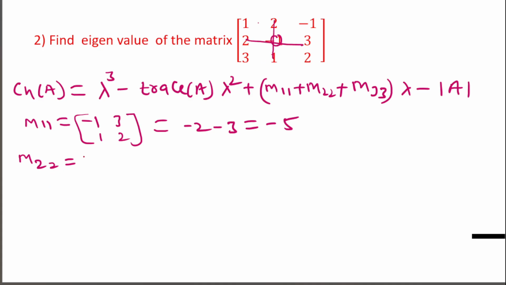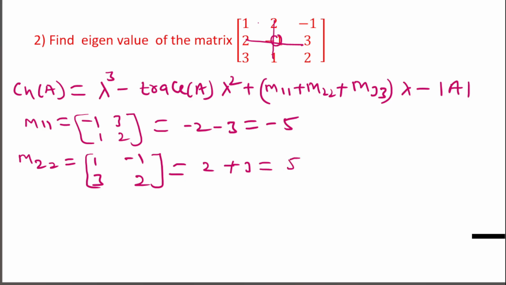Then the remaining matrix we have to write: 1, minus 1, 3 and 2. Next its determinant is 1 into 2, 2 minus 3 into minus 1, that is plus 3, that is equal to plus 5.